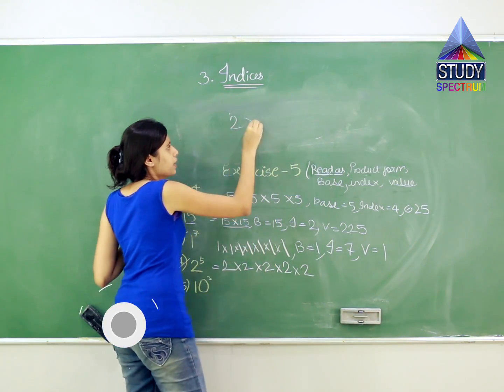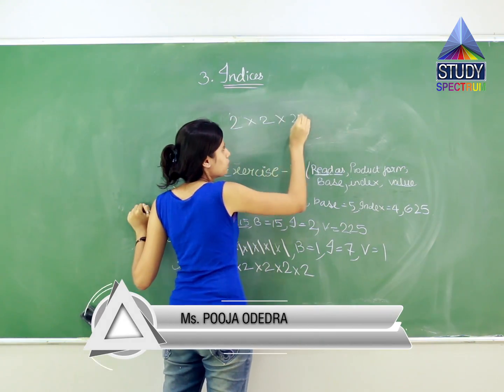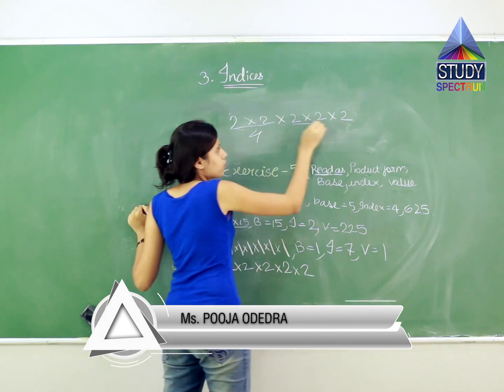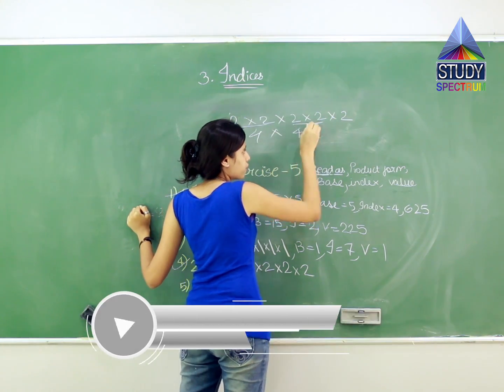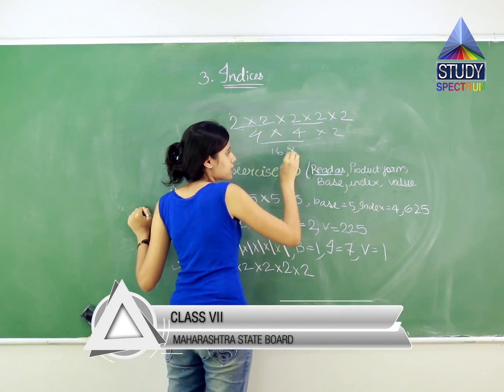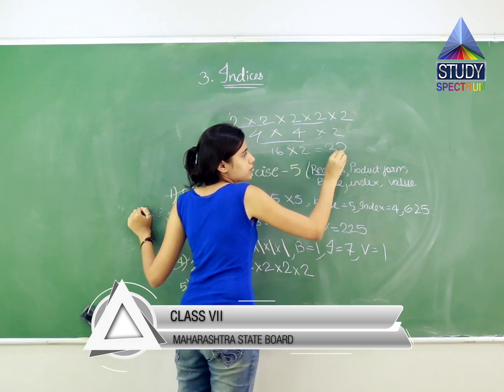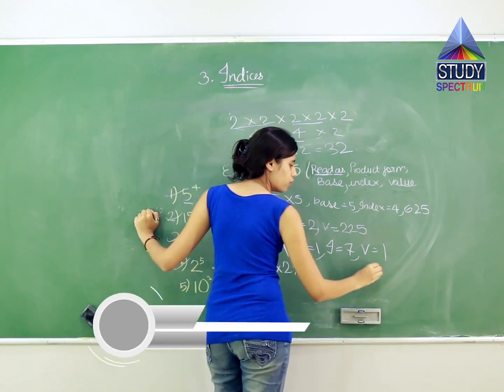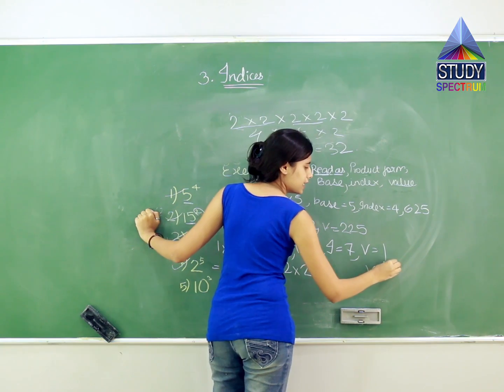It is 2 into 2 into 2 into 2 into 2. 2 2s are 4. 2 2s are 4, into 2. 4 4s are 16. 16 into 2 comes to what? 32. So what is the answer of this? 32. So value is equal to 32.